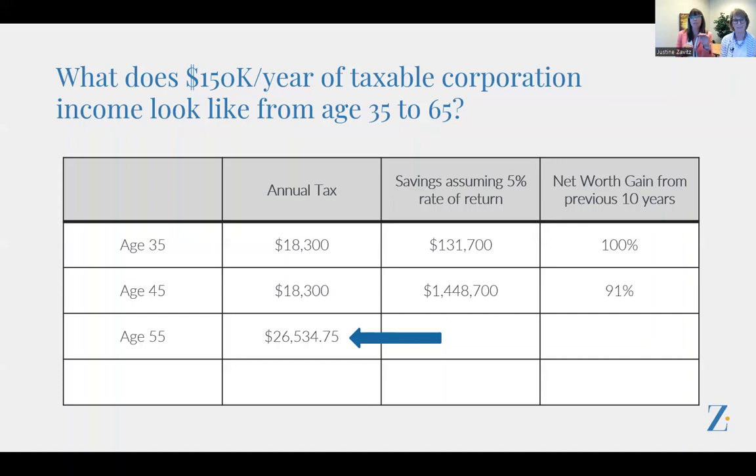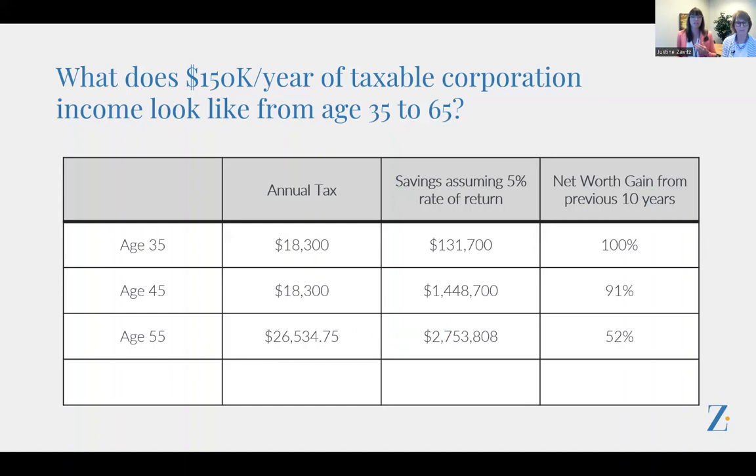Now, some of that 150,000 is taxed at 12.2%, whereas the rest of the 150,000 is taxed at 26.5%. So at age 55, they have a blended tax rate between the two, resulting in $26,534 of corporate tax in that year. So we're starting to see the tax rate in the corporation creep up.